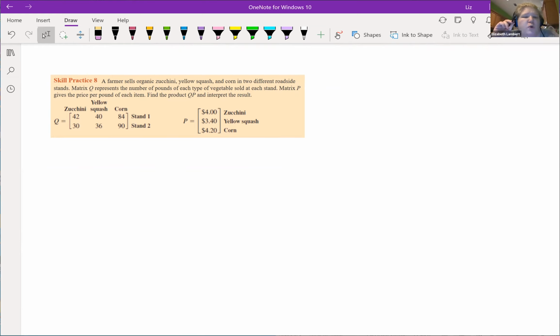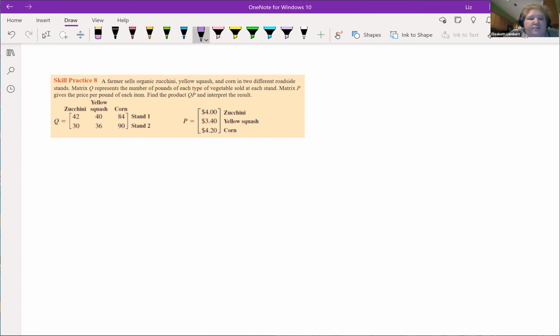Matrix Q represents the number of pounds of each type of vegetable sold at each stand. And then notice they gave us the lovely labels. So each of my columns is the pounds of each particular vegetable, and each row represents the stands. So stand 1 sold 42 pounds of zucchini, 40 pounds of squash, 84 pounds of corn. And then we have the numbers for stand 2.